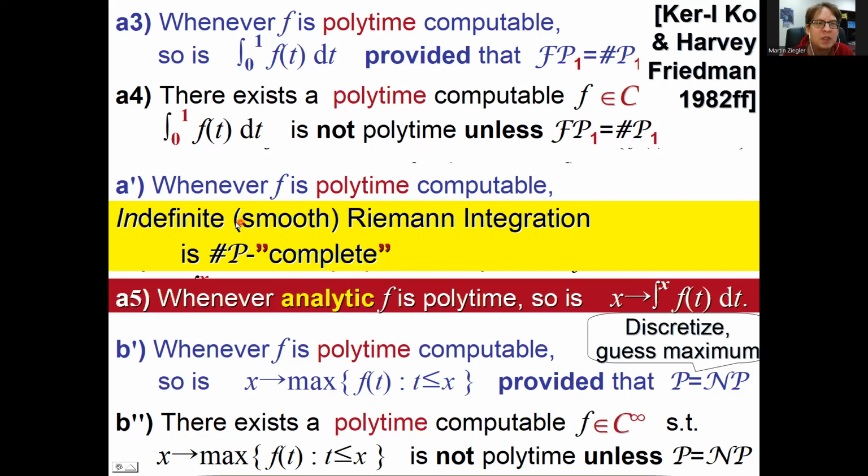Let's combine that with the statement that indefinite Riemann integration is "sharp P complete", but keep putting the quotes here because all the notions of completeness, remember our initial first slides, only apply to the discrete setting. All the notion of completeness is based on reduction, and reduction only applies to decision problems or to discrete counting problems, not to this continuous setting.